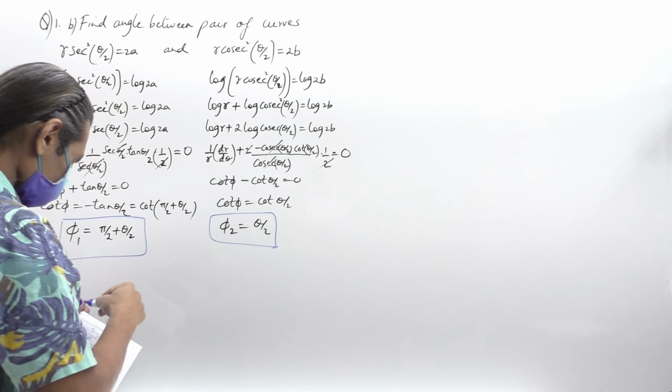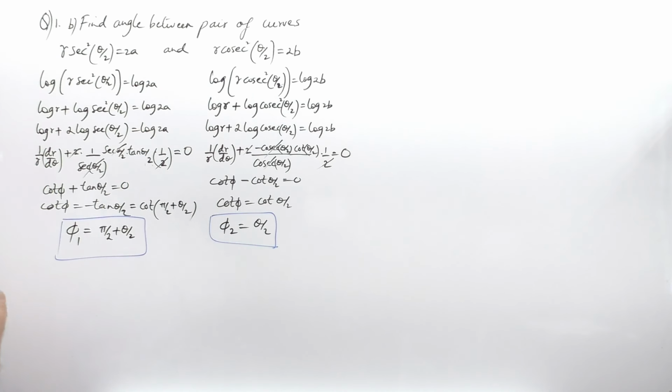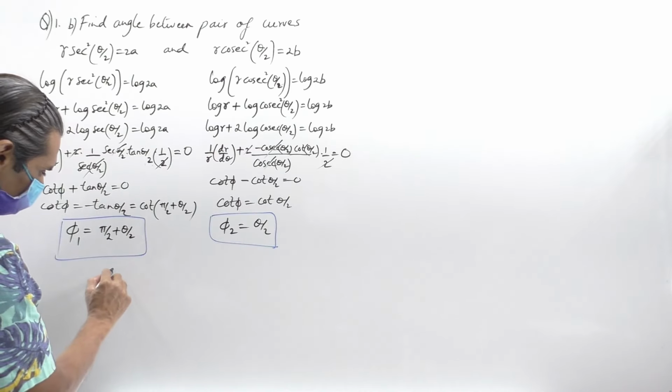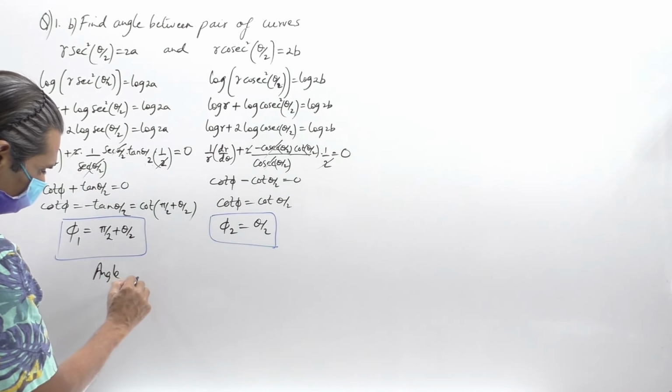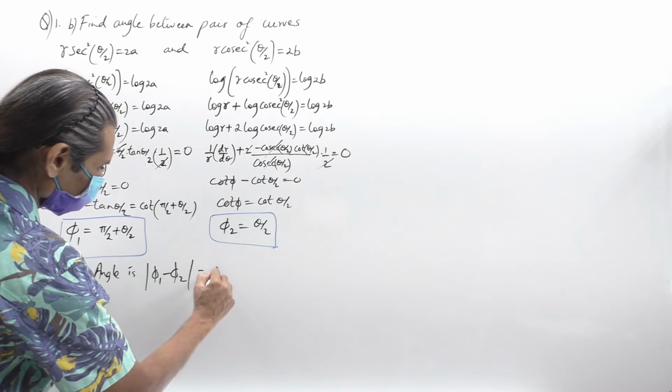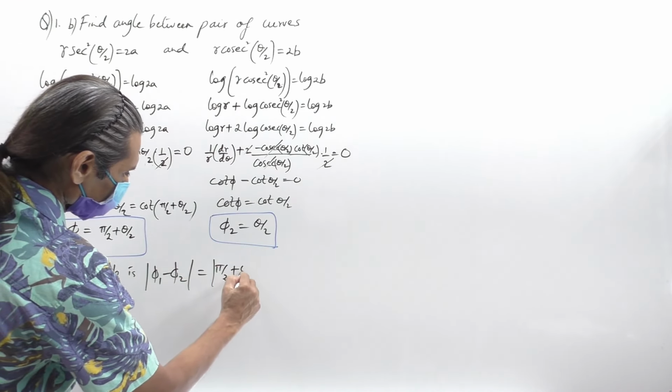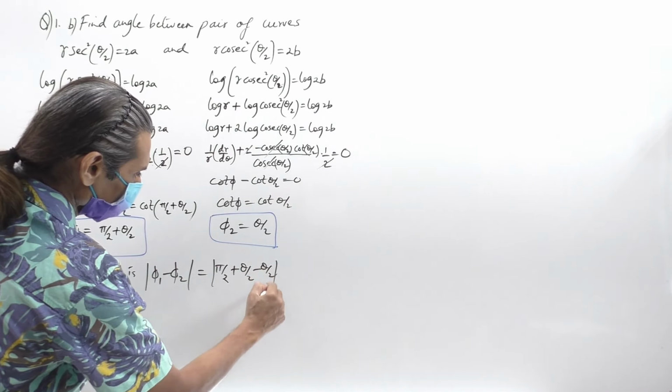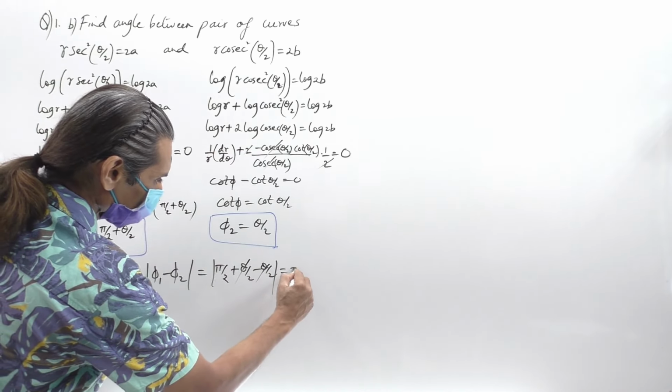Therefore the angle of intersection is the modulus of phi 1 minus phi 2, because the angle is always positive. That is equal to pi by 2 plus theta by 2 minus theta by 2, the theta by 2 cancels, so this is pi by 2.